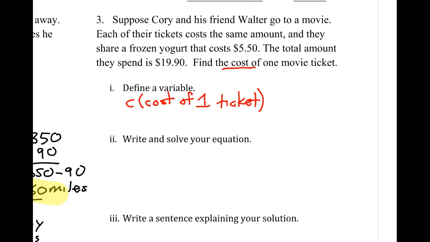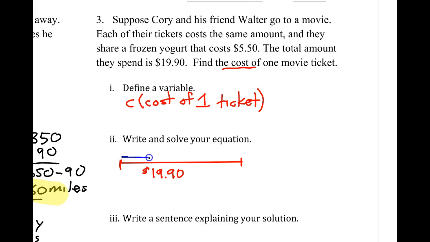All right, so I'm going to write, I know the total cost, right, comes out to, what is it, $19.90. And how many things were purchased? 3. We got the frozen yogurt, we got 1 ticket, and then the second ticket. So 3 things that were purchased.